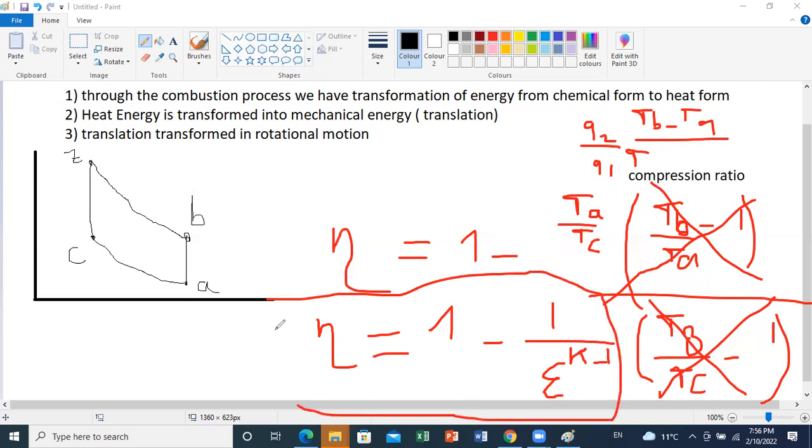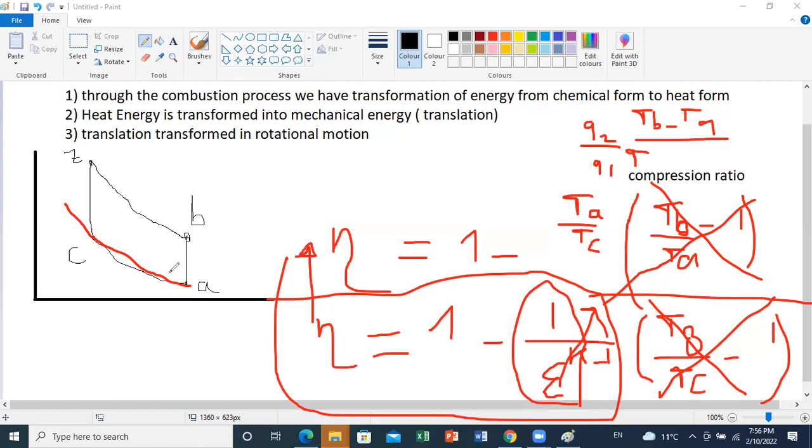Your efficiency is a function of the compression ratio, and from here you can give recommendations to enhance the performance of your motor. The higher your compression ratio, if you look at this equation, the higher is epsilon, the lower is this number, and since you have a minus before it, the higher will be your efficiency.